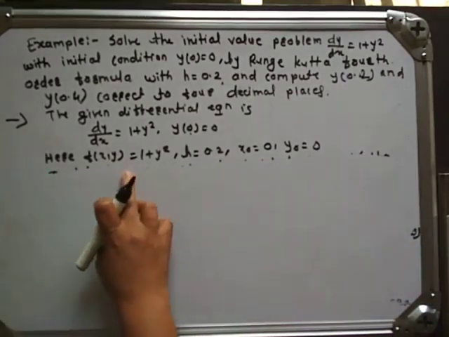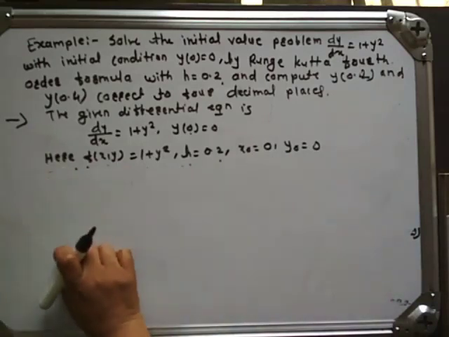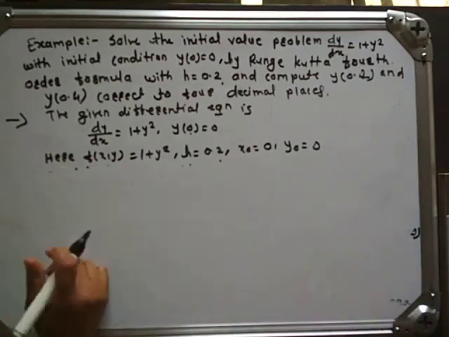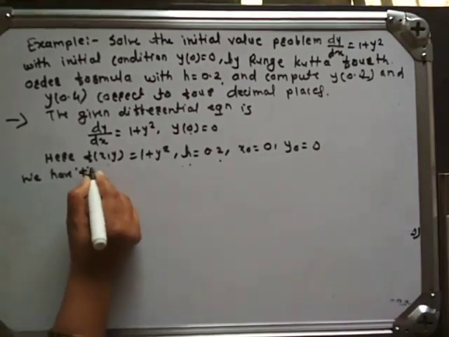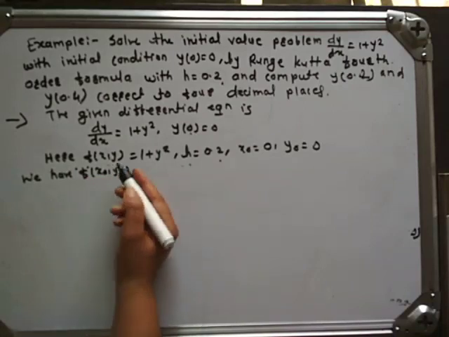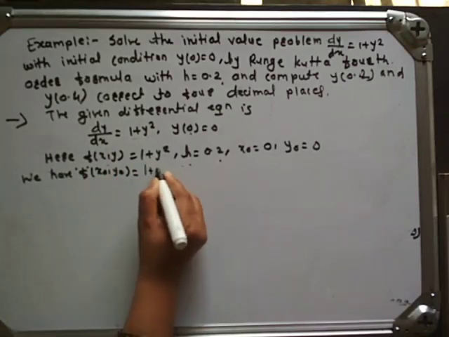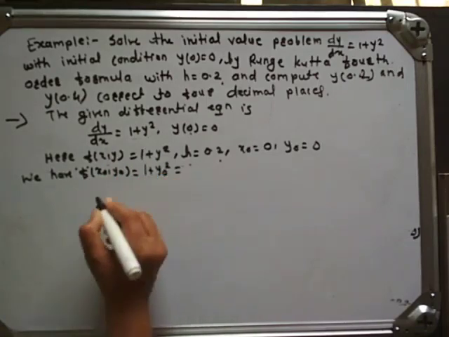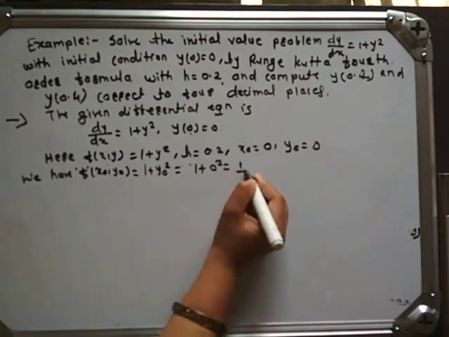We have f of x, y, h is equal to 0.2 and x0 is equal to 0. So we will find f of x0, y0. F of x, y is 1 plus y square, so f of x0, y0 is 1 plus y0 square. What is y0? It is 0, so it is 1.